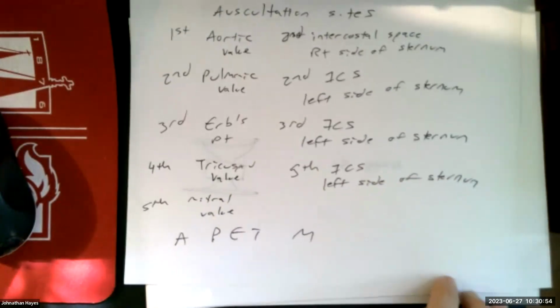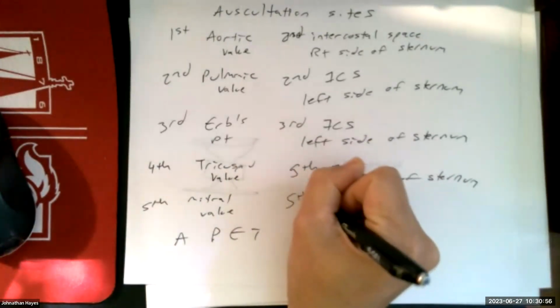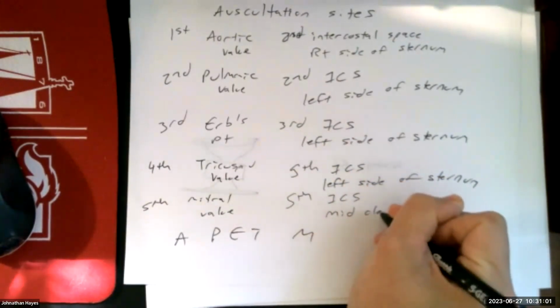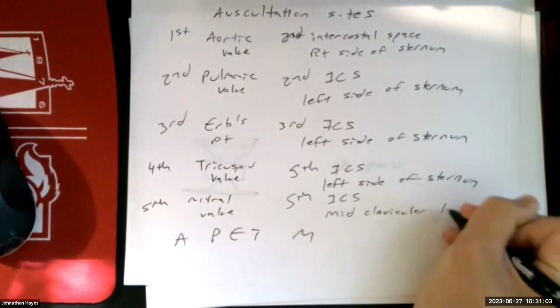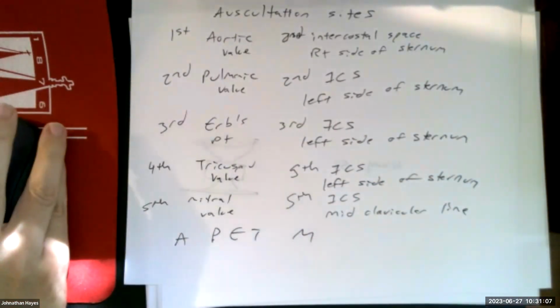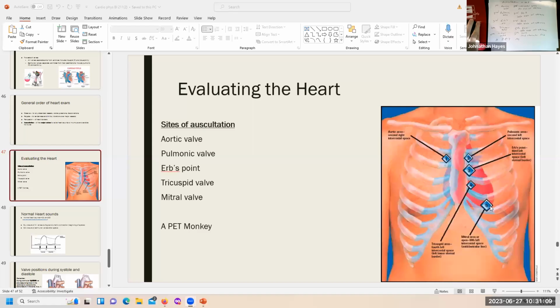And then the mitral valve is going to be the fifth intercostal space, what we call mid-clavicular line. Okay. So that is why it's moved over here. So now we're kind of away from the sternum. Here's that little space I was talking about.